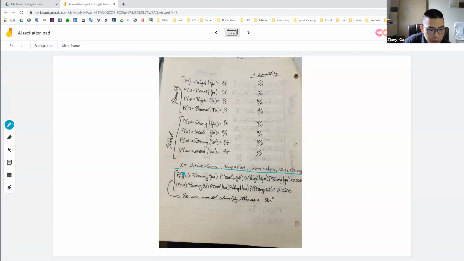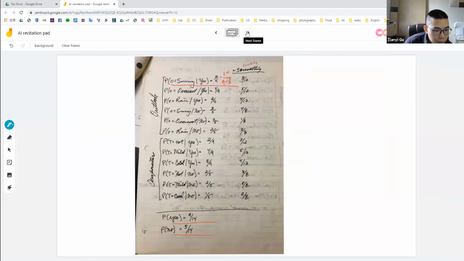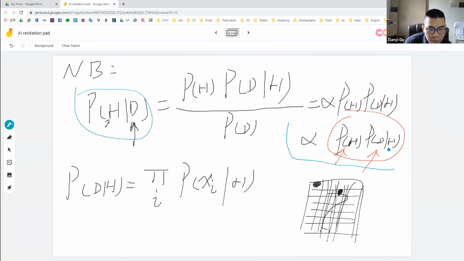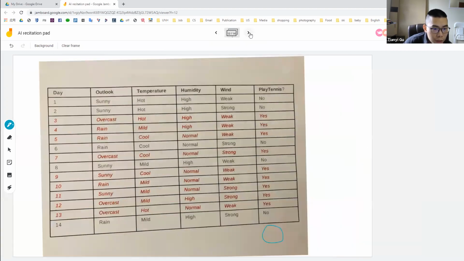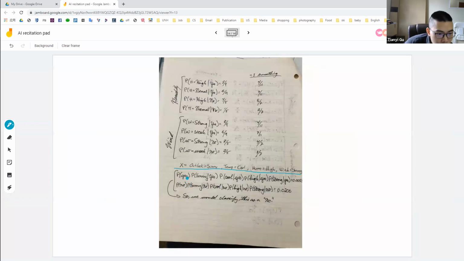The first hypothesis is yes, and then we plug back into this formula. So the probability of the hypothesis yes is 9 over 14. And then the probability of the data given the hypothesis yes, what's the current input we have. And then we're going to use naive Bayes, which is okay, given yes, what is the probability of sunny?